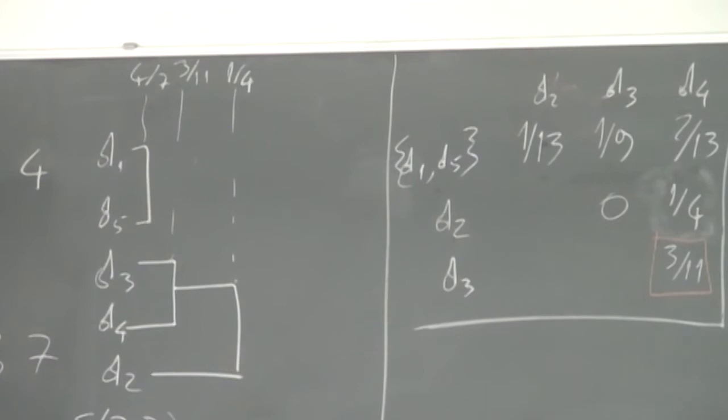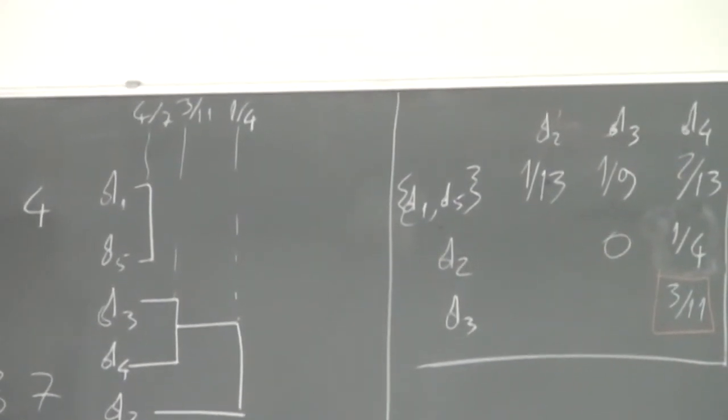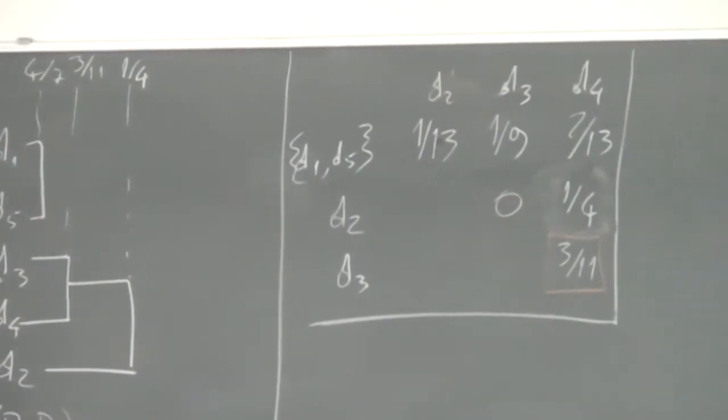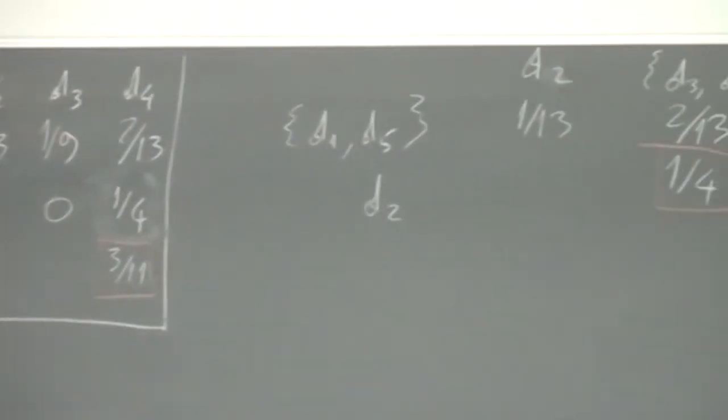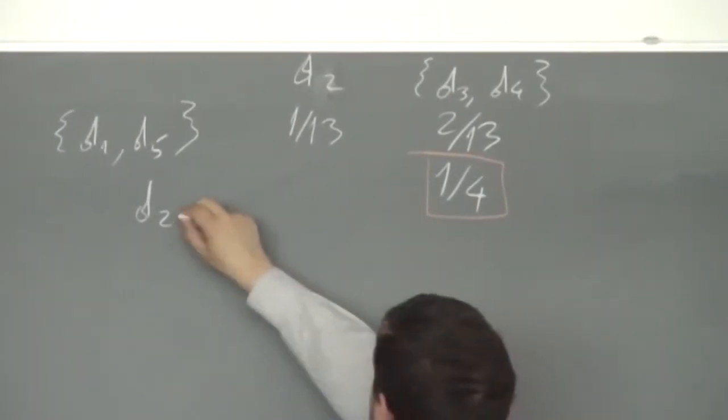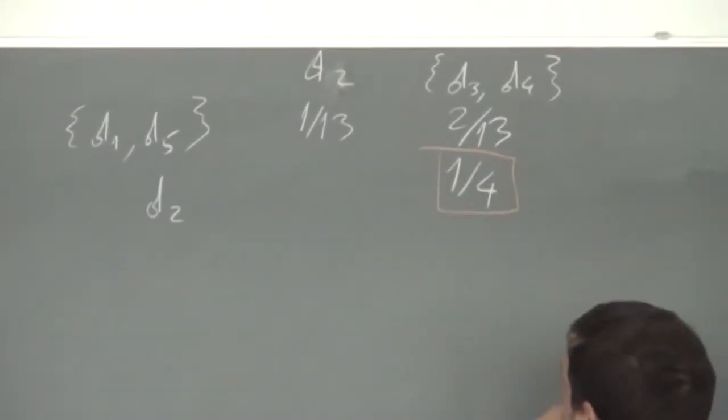So now we have just 2 clusters, and the next step will be, of course, joining everything together. Let's see at what similarity level we are joining them together. So we join D2 with D3, D4.